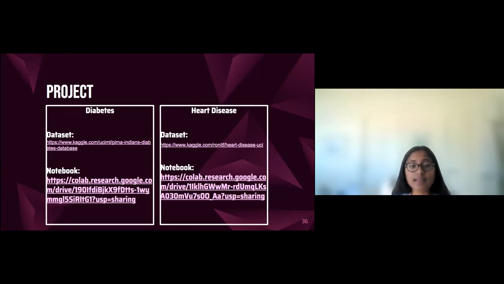One is a diabetes data set taken from UC Irvine, I think, and we will be trying to predict, based on different factors of a person's biographical data, whether they will develop diabetes or not. The second data set, the one on the right, is the heart disease data set. So we will also be predicting, based on different factors, whether a person has heart disease or not.